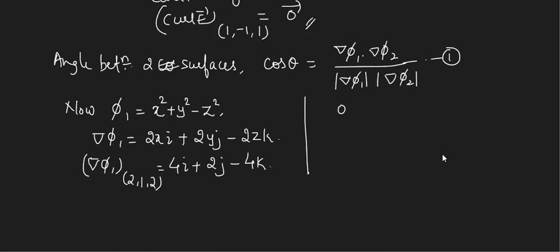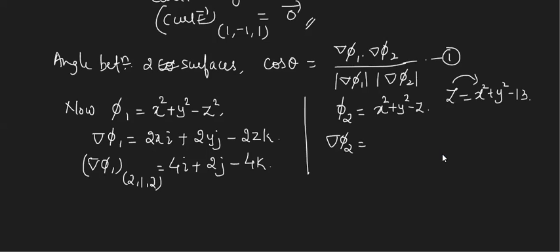On similar lines, take the second surface. The second surface is given as z equal to x square plus y square minus 13. So take all the terms on one side and take it as phi 2. Can you tell me what is phi 2? x square plus y square minus z. Minus z. 13, don't take. On similar lines, find del phi 2 also.